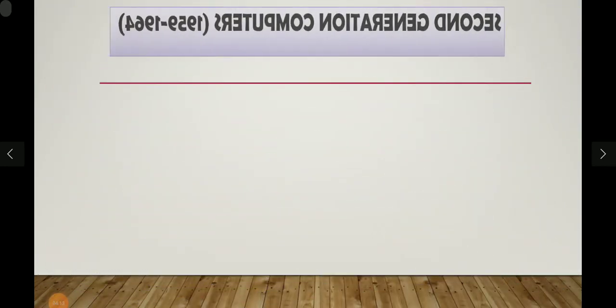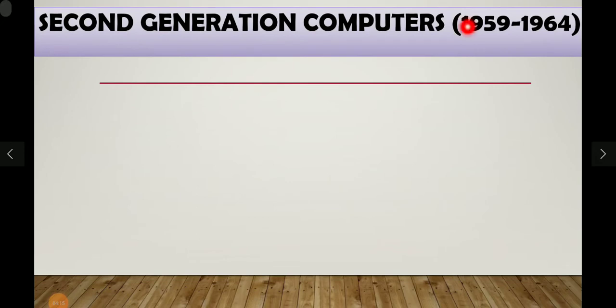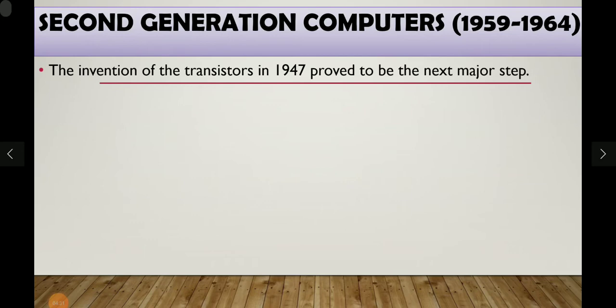And next comes the second generation computers. This is about 1959 to 1964. They developed the first generation computers with more advancement and more electrical techniques. The invention of transistors, which was not there in the first generation computers, was invented in 1947 and proved to be the next major step.